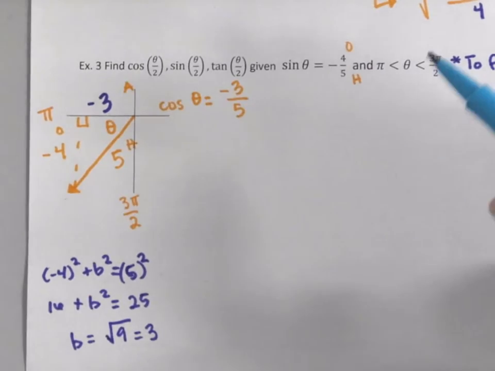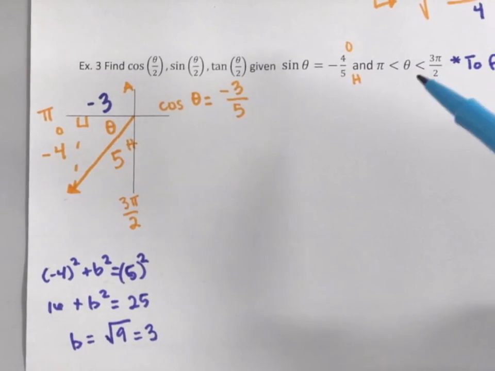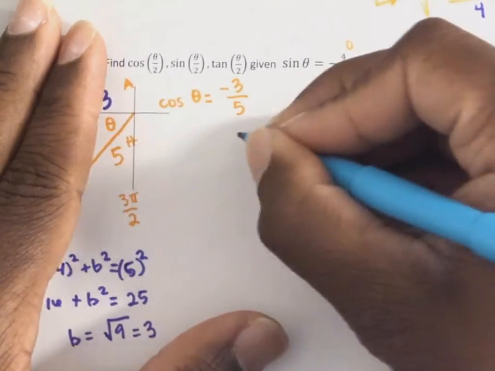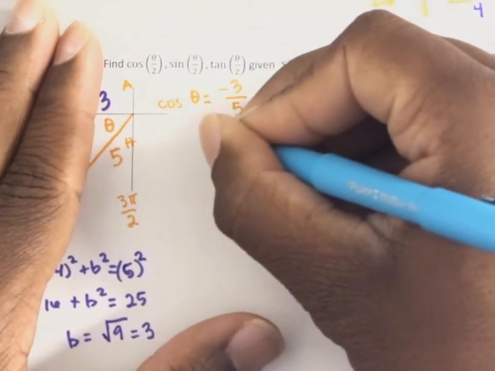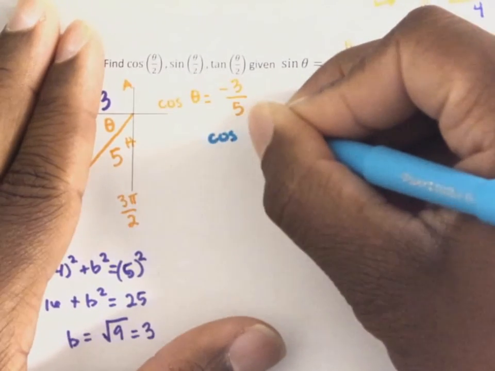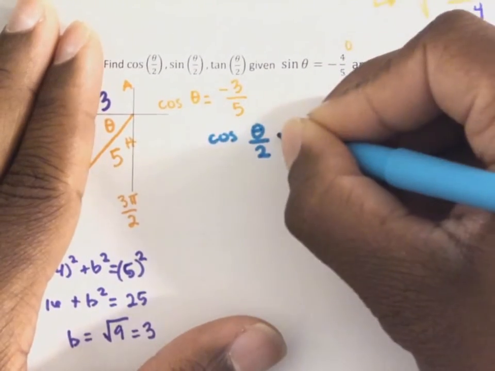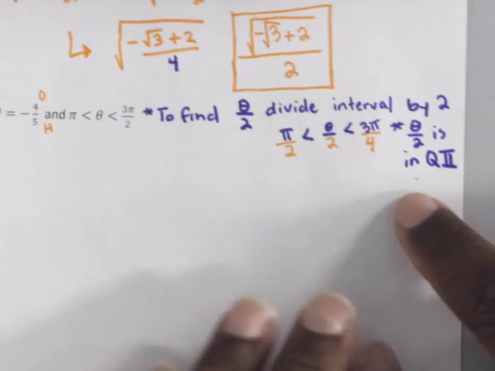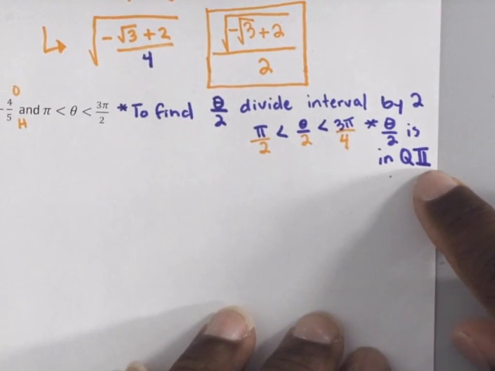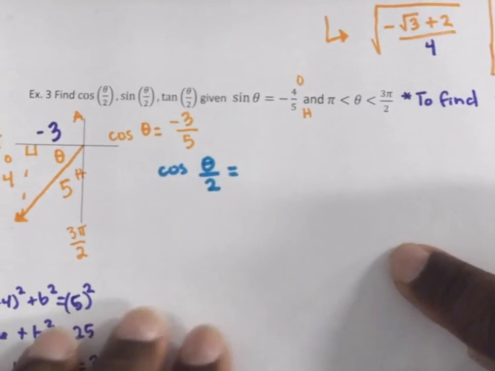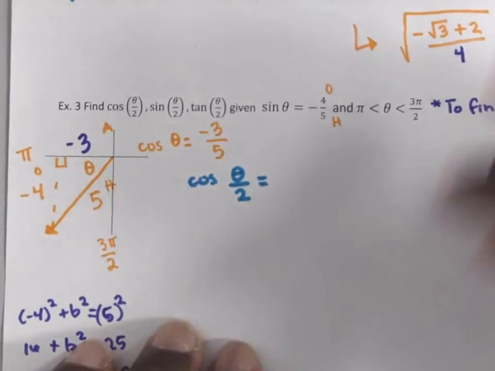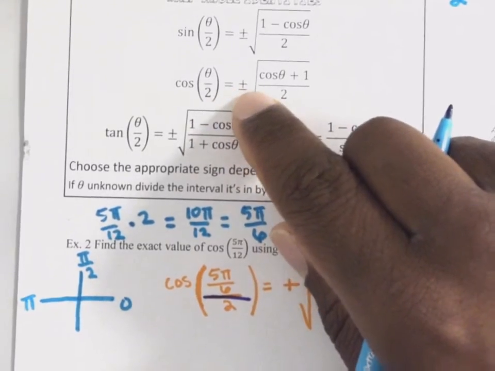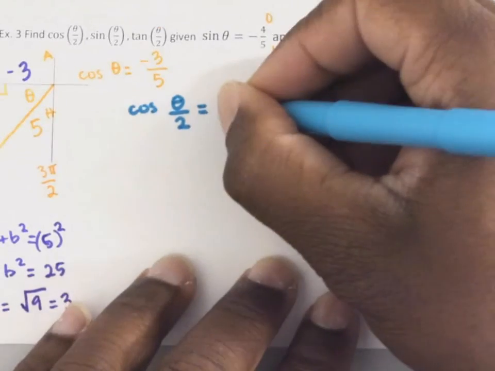Well, we spent like 5 minutes just talking about this. All right, so let's do it. Cosine double, what are we doing first? Yeah, cosine half angle. All right, let's choose our sign. The half angle is in the second quadrant, right? Should cosine be negative or positive in the second quadrant? Negative. So we're going to choose the negative option here because I'm in the second quadrant.